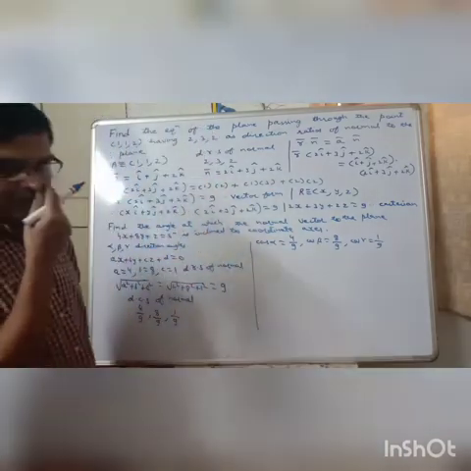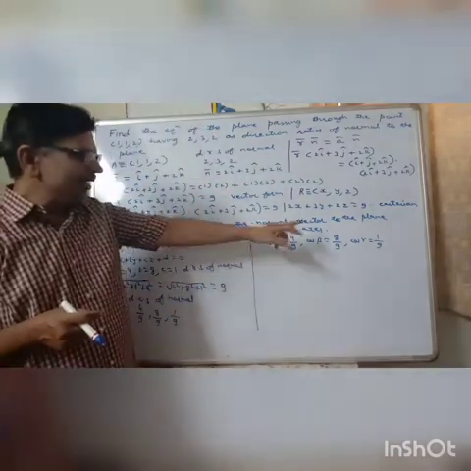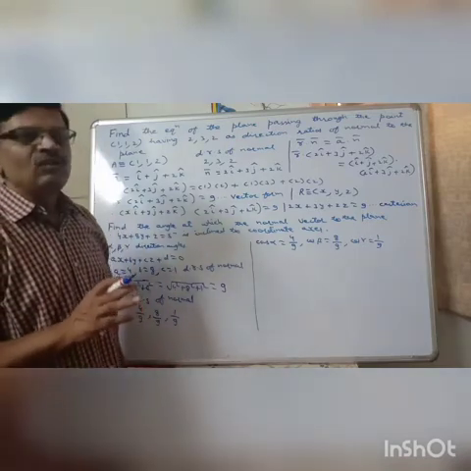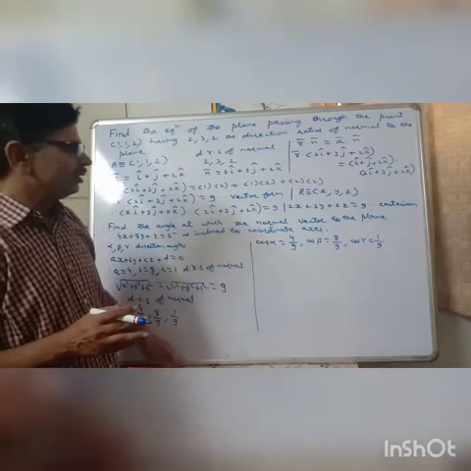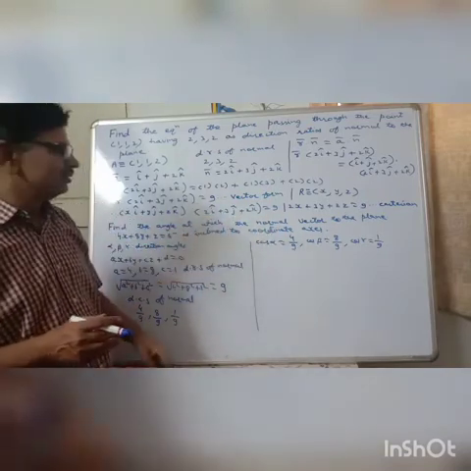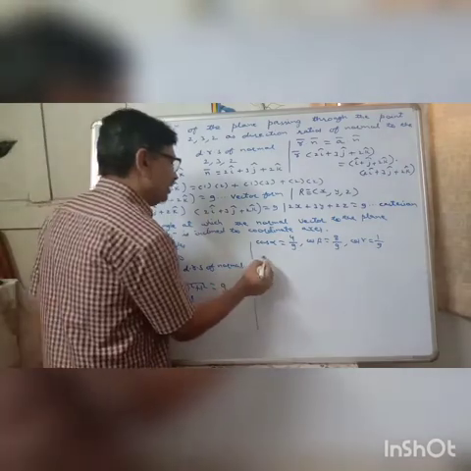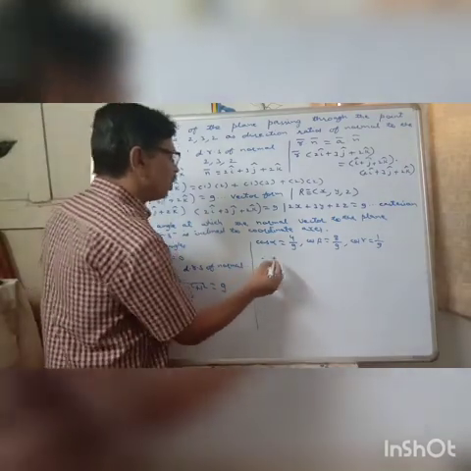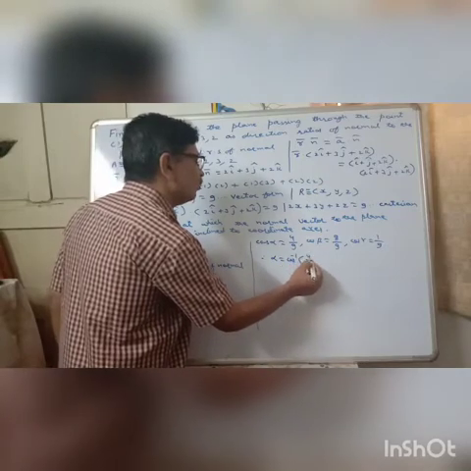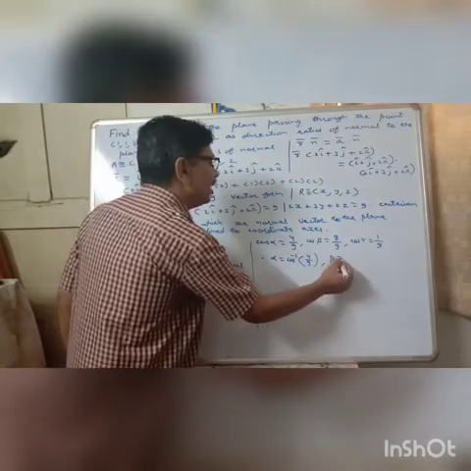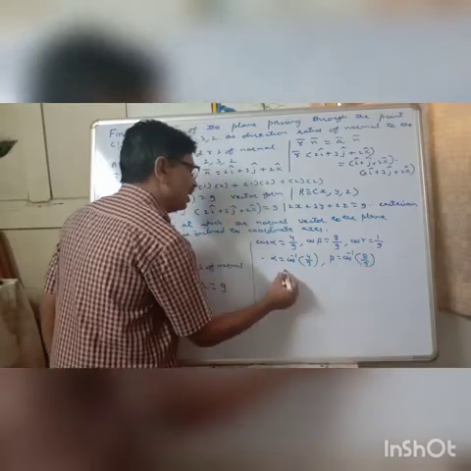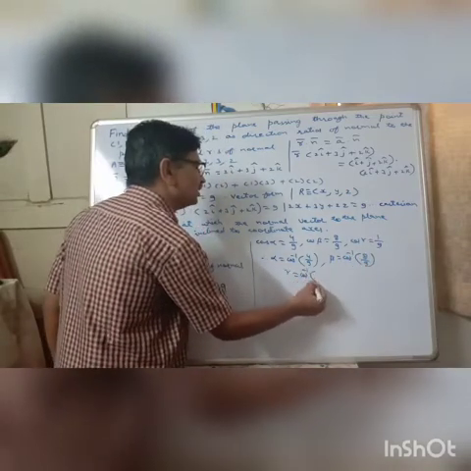Now observe these values. 4 by 9, 8 by 9, 1 by 9. These are not the values for standard angles. So we have to write angles in terms of cos inverse. So alpha cos inverse 4 by 9, beta cos inverse 8 by 9, gamma cos inverse 1 by 9.